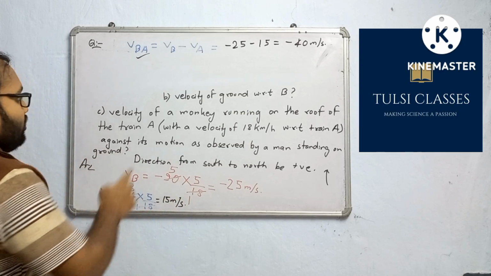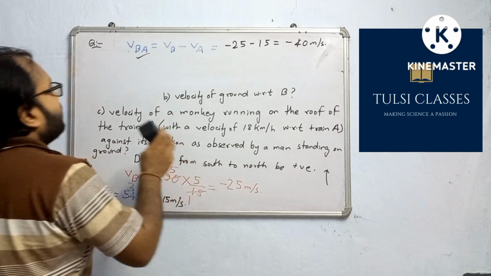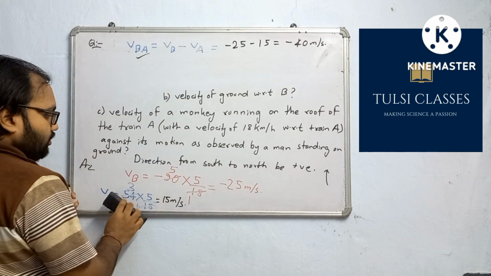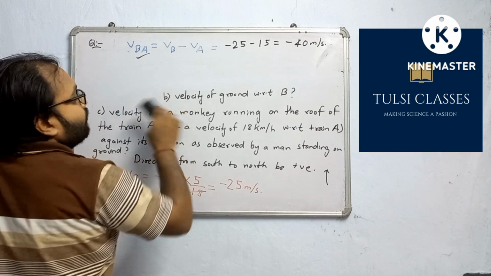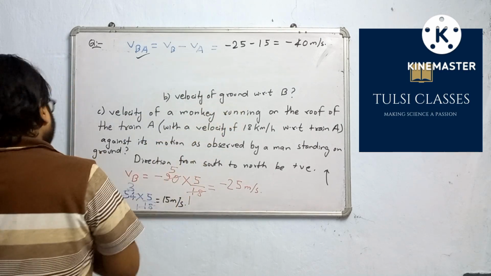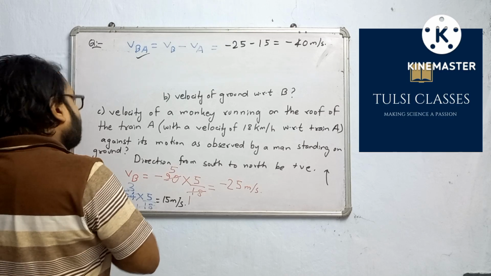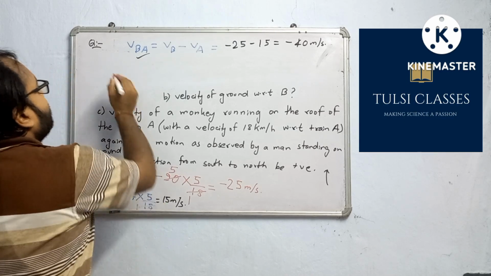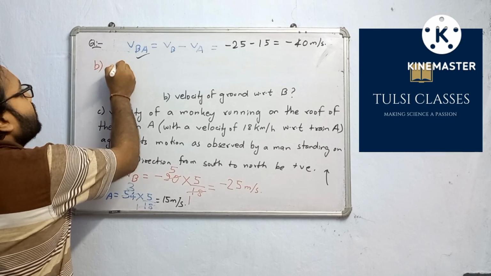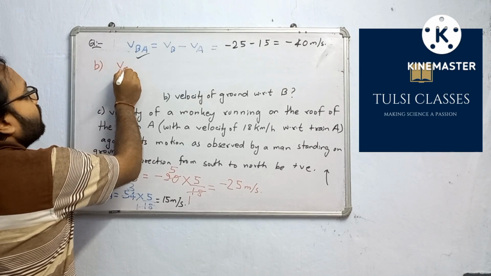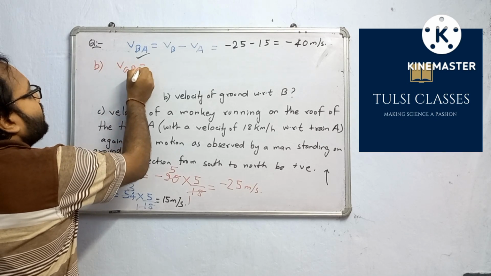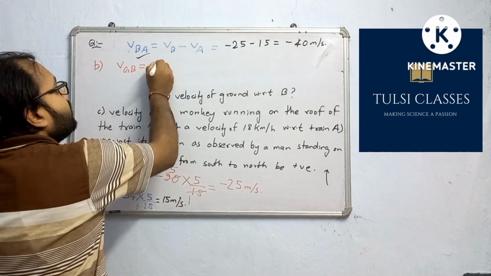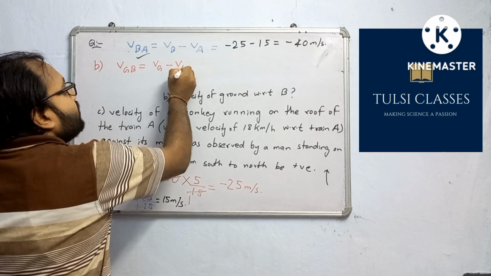Let us write, B part we are solving. Velocity of ground with respect to B. Let us solve here only. Space is not there, so I am writing velocity of ground with respect to B is equal to Vg minus Vb.